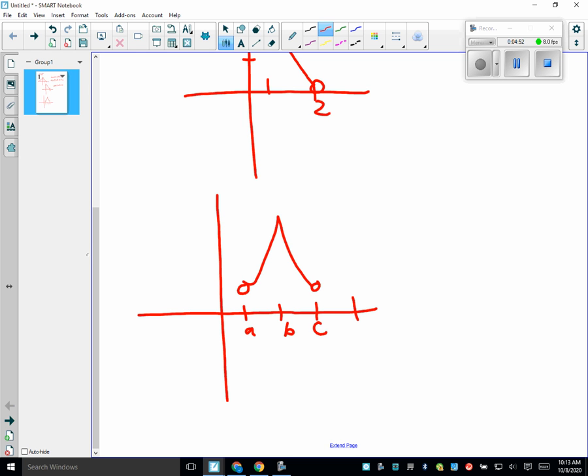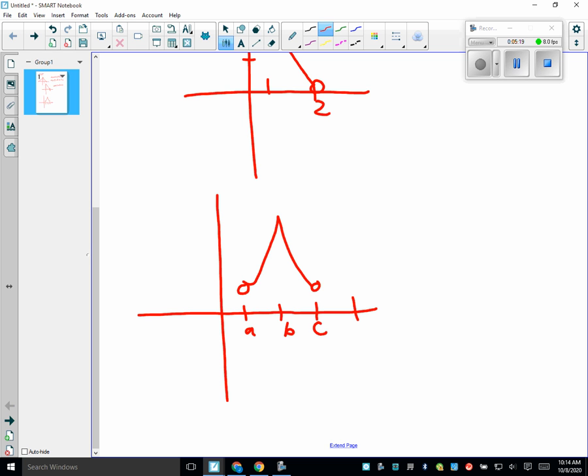Identify an x value where an absolute extreme occurs. Absolute extreme is the highest or lowest, the honest maximum, honest minimum, the only one that happens. All right? So, is there a maximum?